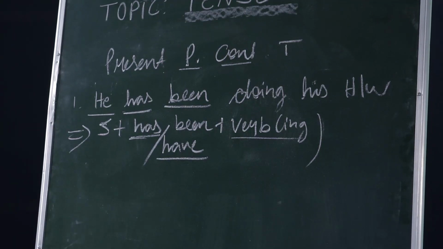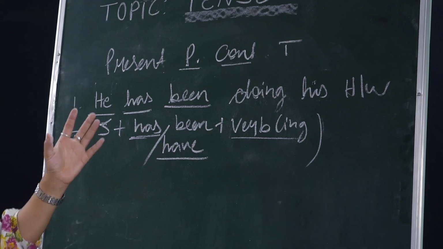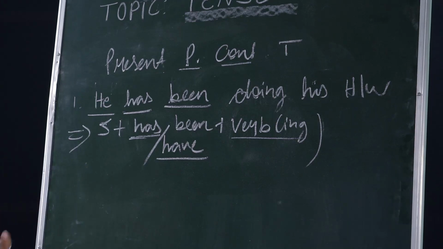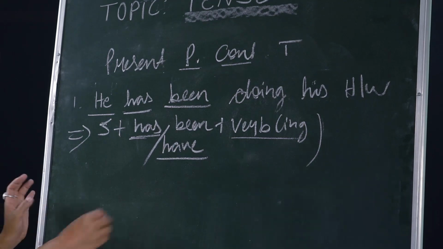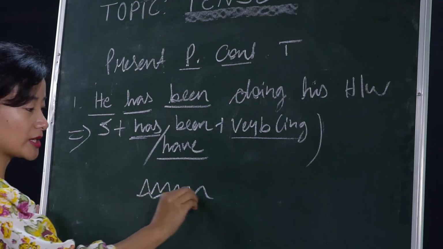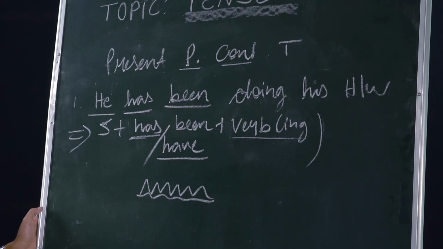So when do we use present perfect continuous tense? Remember, it's the same case with past. In the case when we have perfect, we are specifically referring to the action being perfected. So we are referring to an action that was happening, that was in the progress or process of completing, or completed.